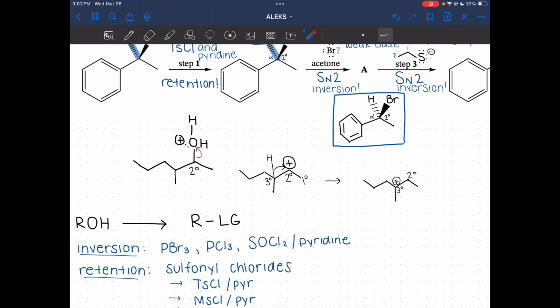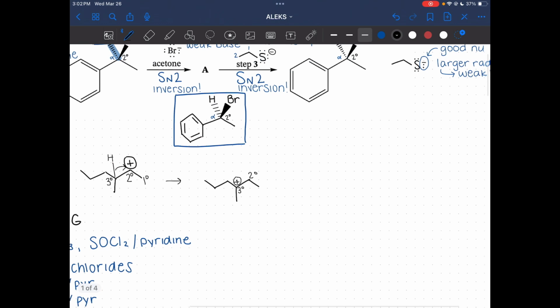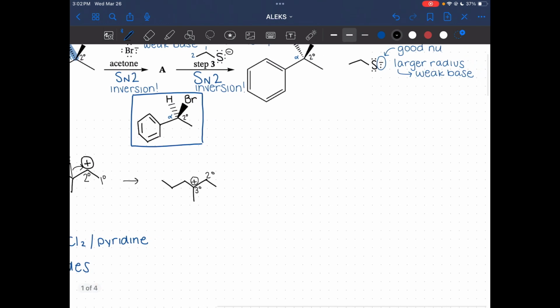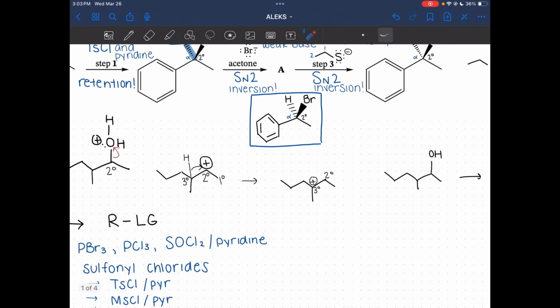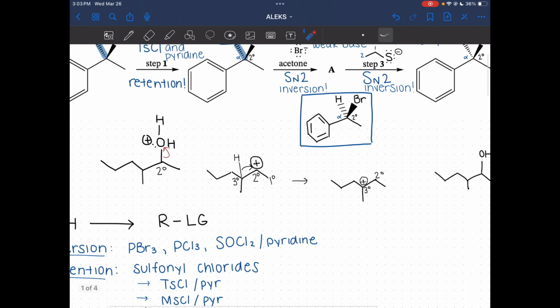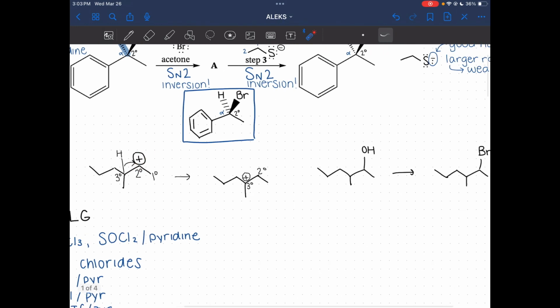And the reason sometimes we don't want this is because let's say I had a problem like this. I'm going to use the exact same molecule that I just drew. We go from an alcohol here, and then let's say on an exam the product looks like this. So you might think, okay, I'm going to follow this H2SO4 step where the H2SO4 would protonate this, it would leave as a really good leaving group, and now I'm making this carbocation.